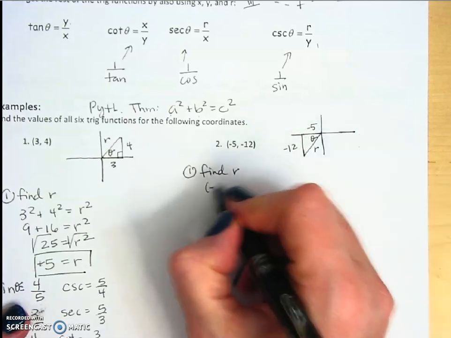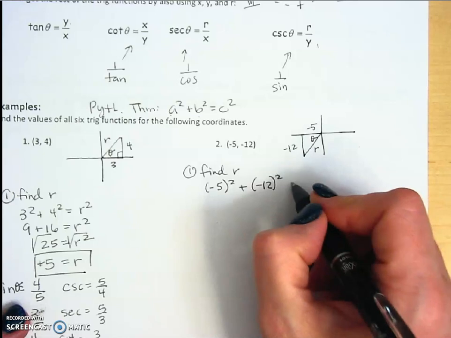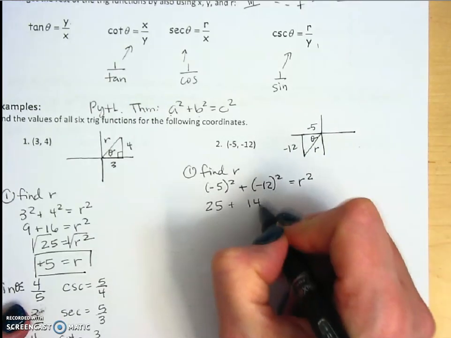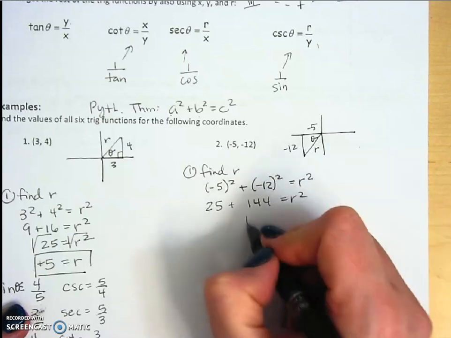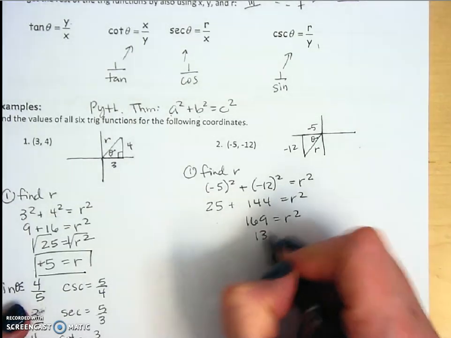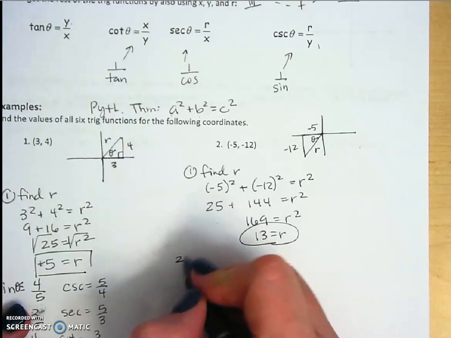So we're plugging in our x and y for a and b and r for c. This gives me 25 plus 144. This is 169. Square root both sides. 13 is r, and it needs to stay positive.